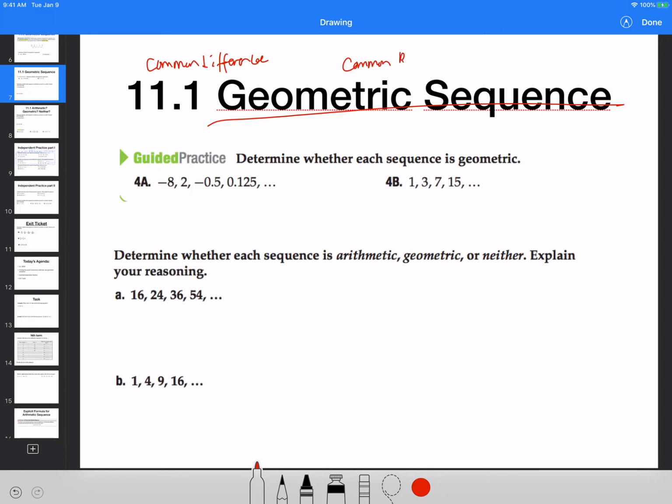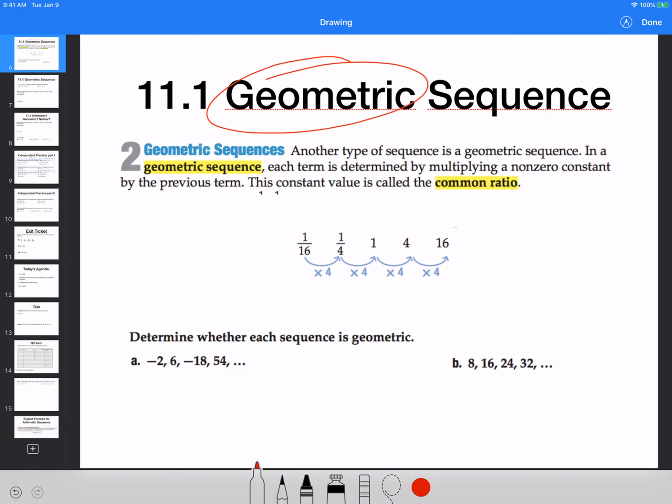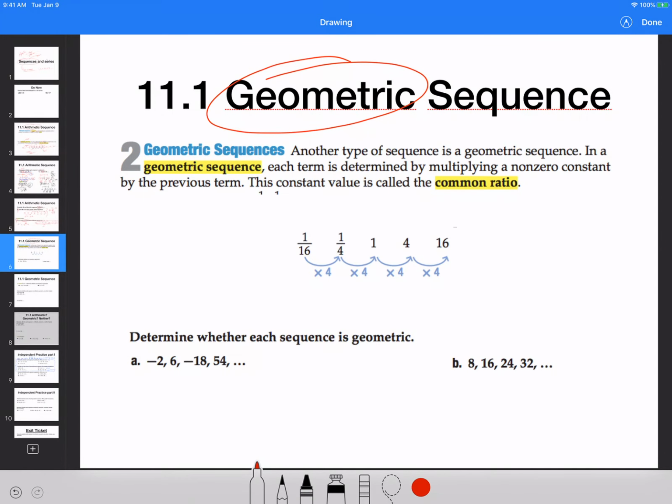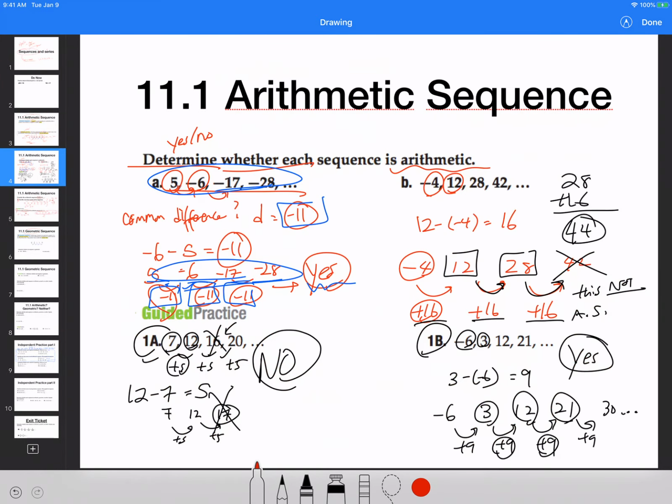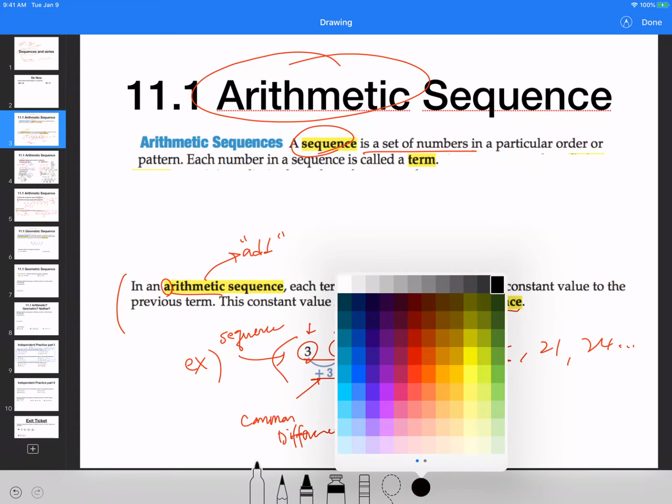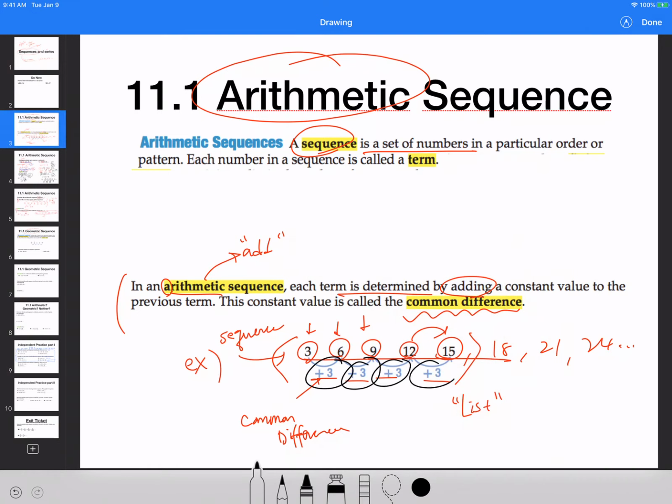The main difference between arithmetic and geometric is that with arithmetic, as we have probably seen from before, we consistently add something. In the notes we dealt with yesterday, we consistently add 3 to get to the next term.